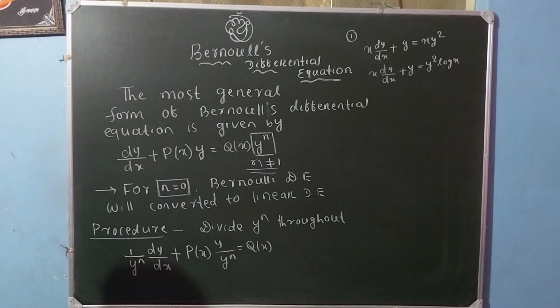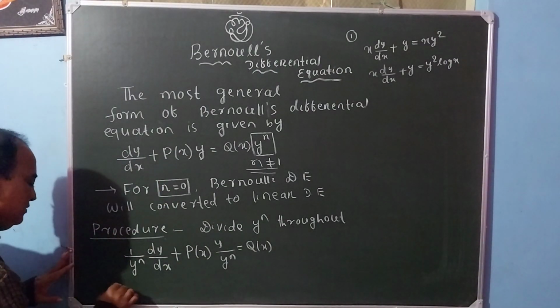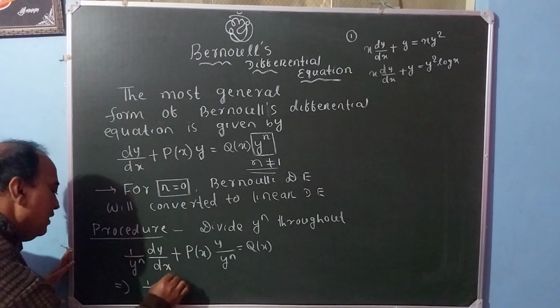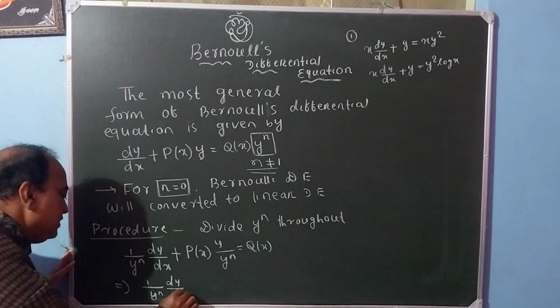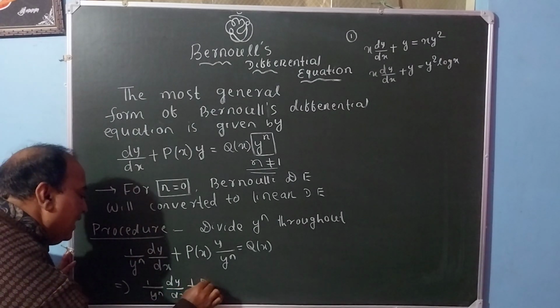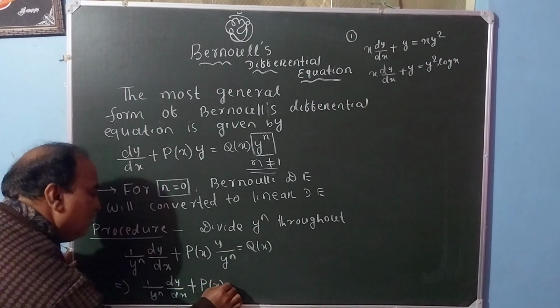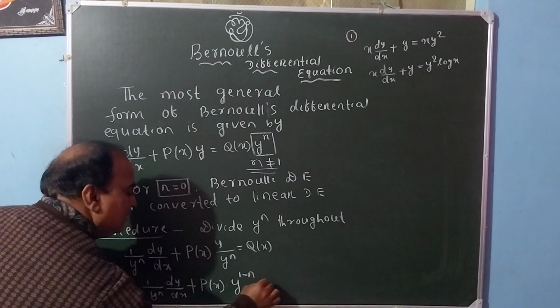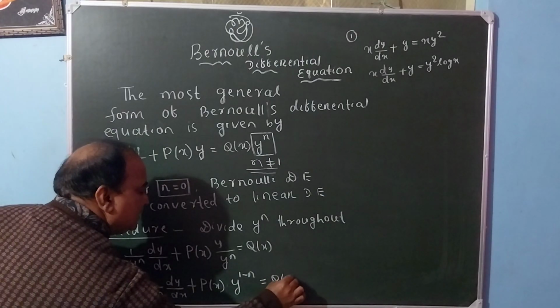So this can be written as 1 by y to the power n dy/dx plus p(x) into y to the power 1 minus n is equal to q(x).